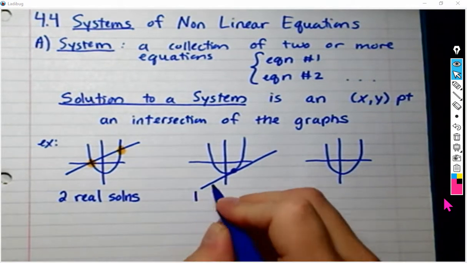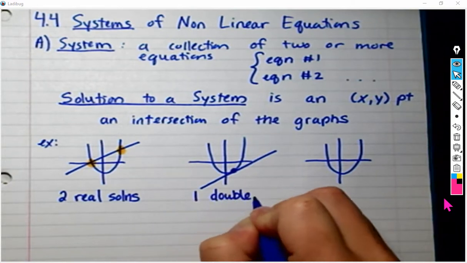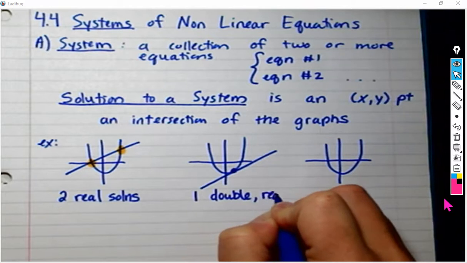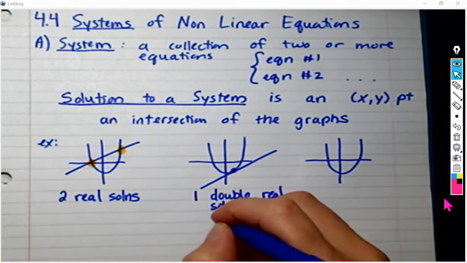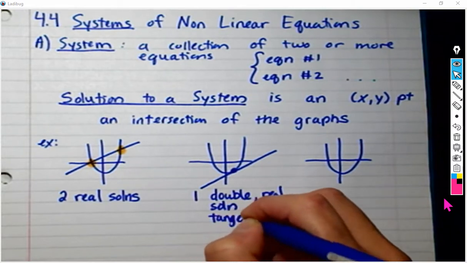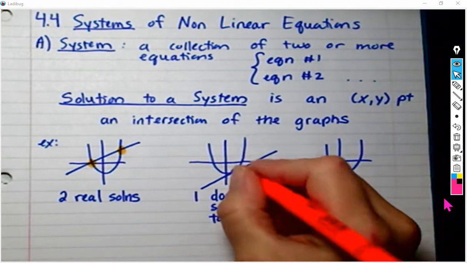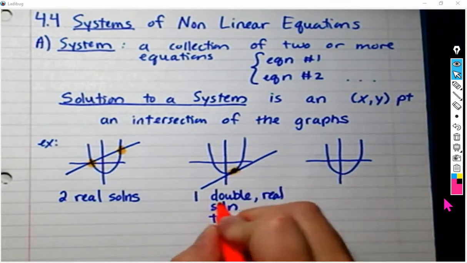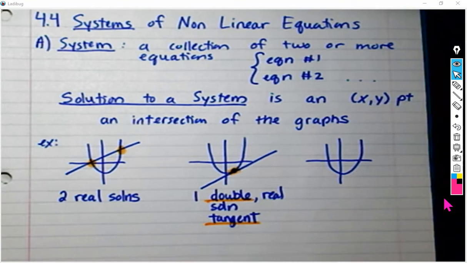So this is 1 double real solution, okay? And the other word that describes double is tangent. It's where it bounces off the edge of that, okay? Because we just have 1 point. So the word double and tangent are kind of interchangeable here.